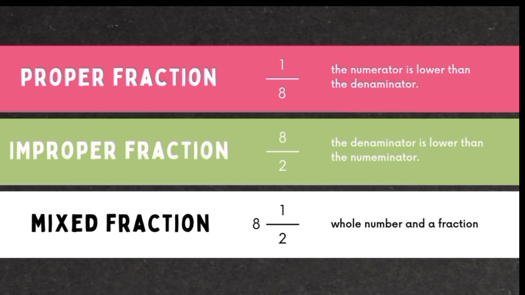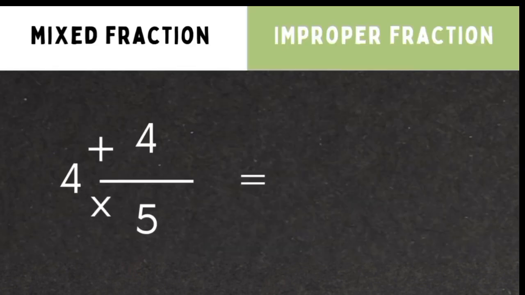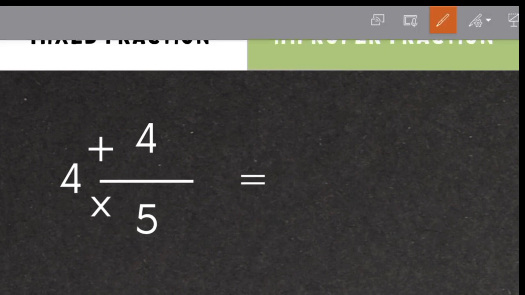And in some cases, we need to learn how to convert a mixed fraction into an improper fraction. So you do it like this. You need to multiply the denominator by the whole number. So 4 times 5 is equal to 20, right?